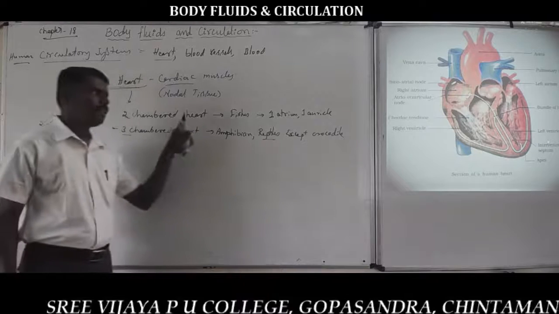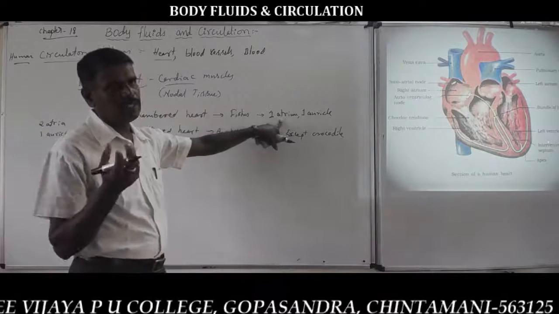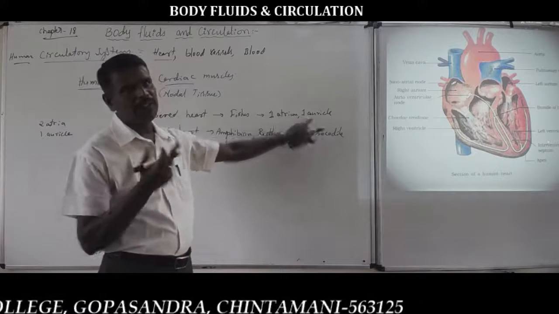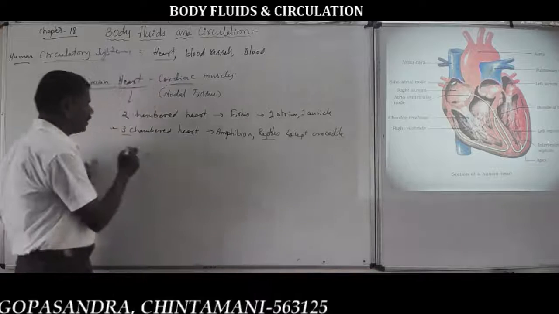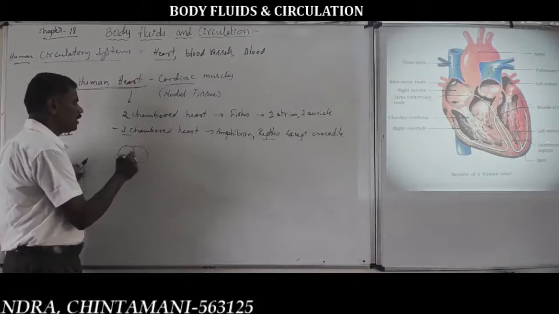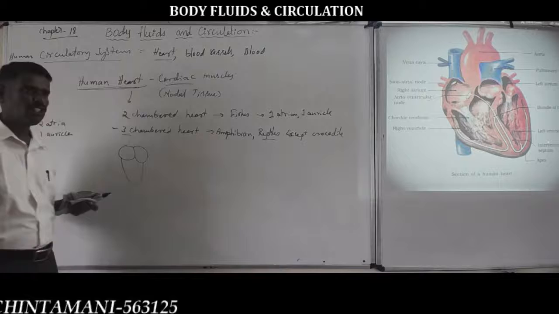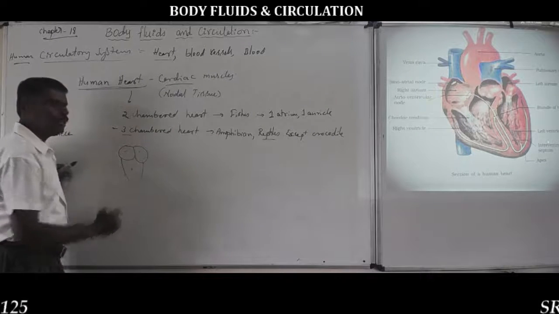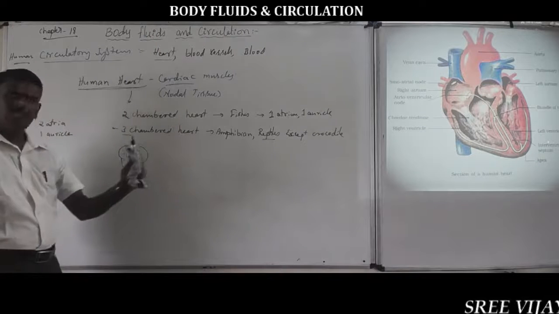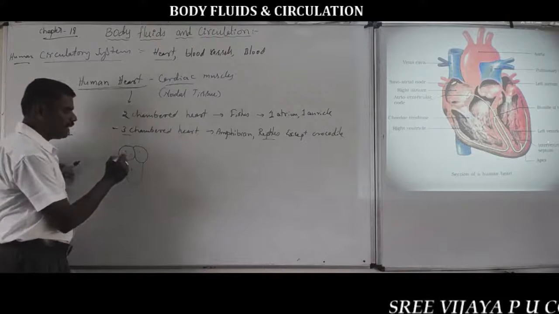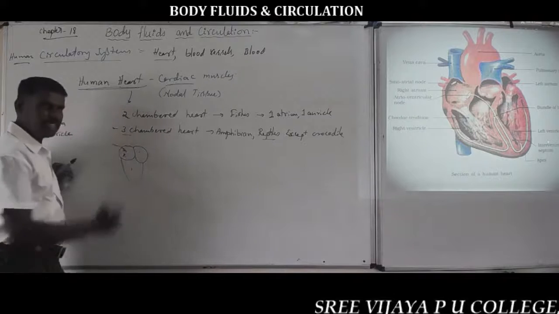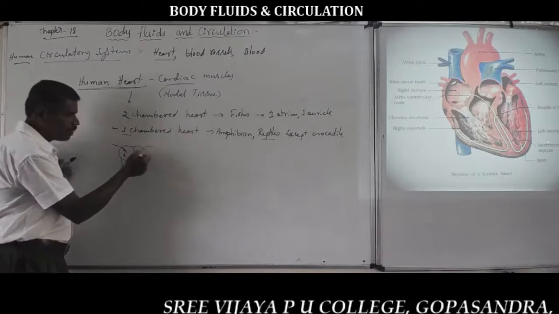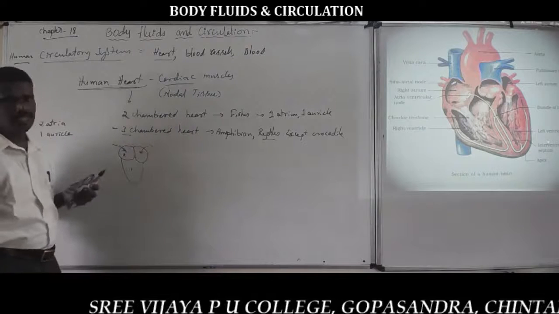In the two-chambered heart, the atrium collects the deoxygenated blood, and the auricle supplies the oxygenated blood. But in the three-chambered heart, there are two atria and only one auricle. The right atrium collects the deoxygenated blood, and the left atrium collects the oxygenated blood.